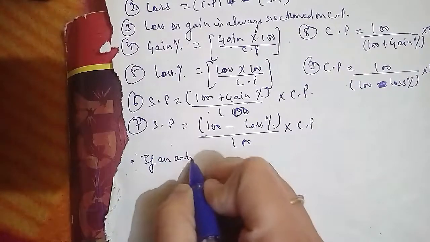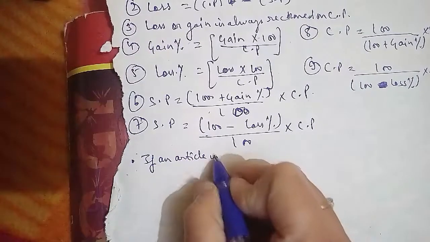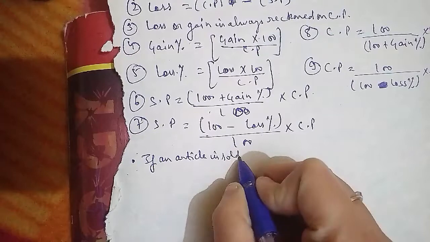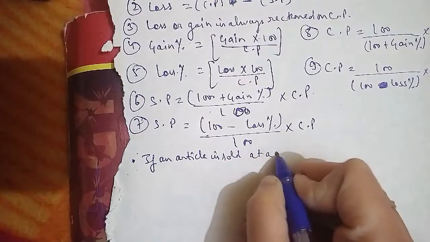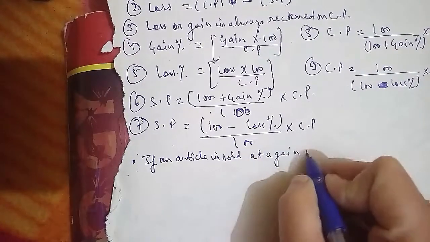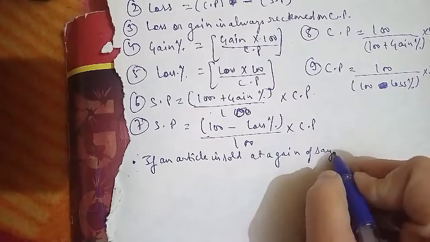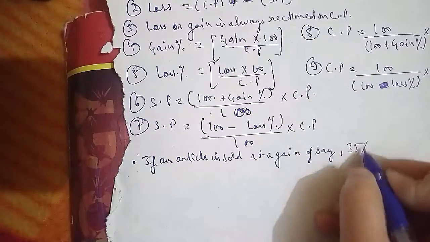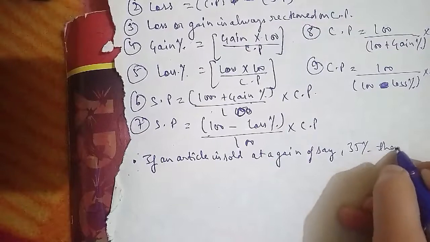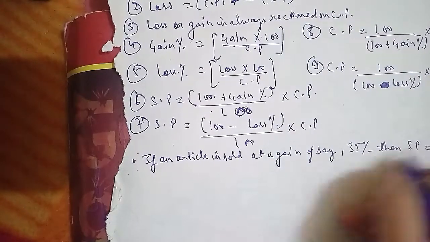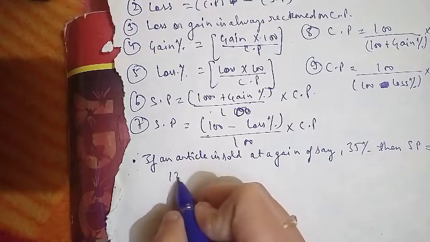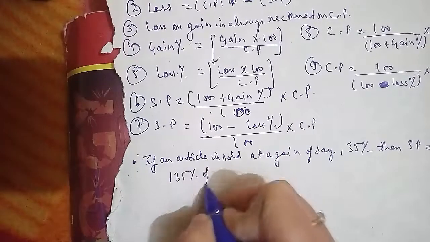If an article is sold at a gain of say 35%, then SP is equal to 135% of CP.